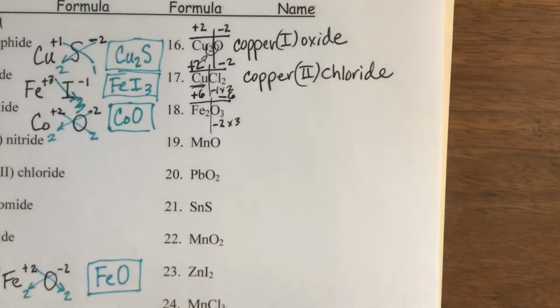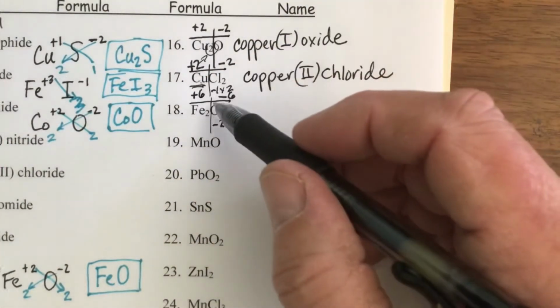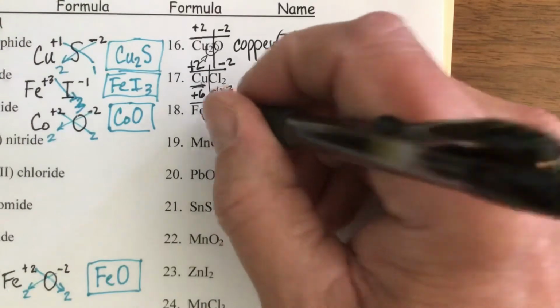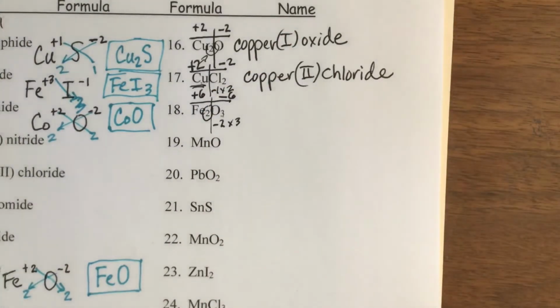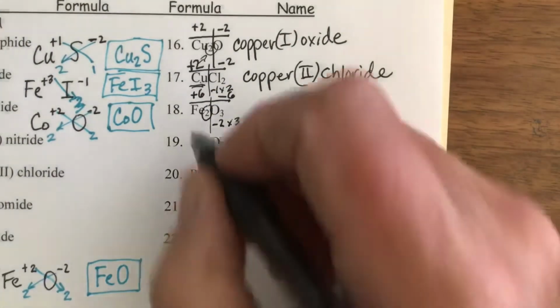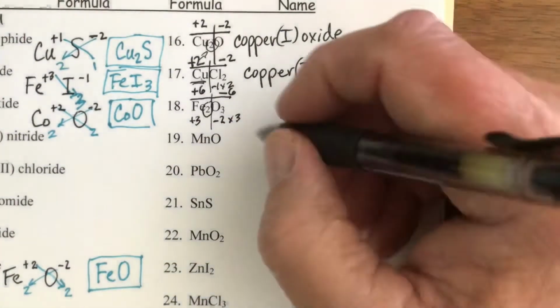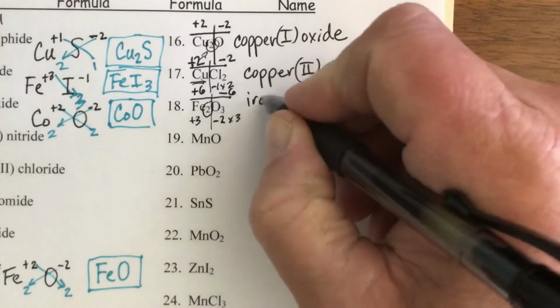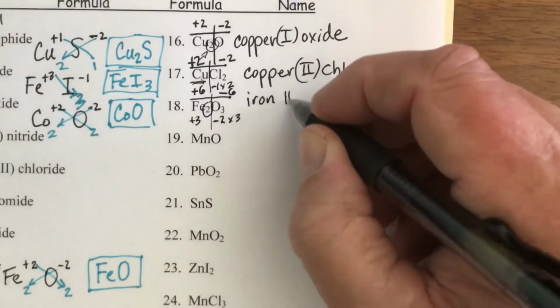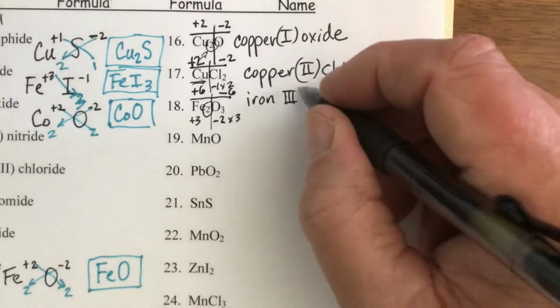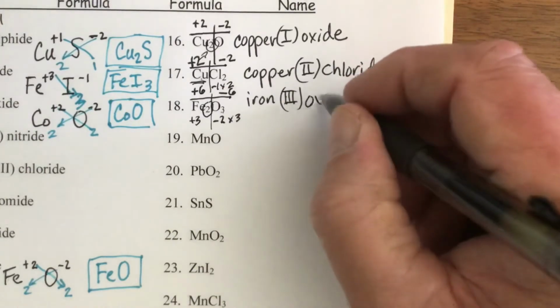All right? But that +6 charge is coming from 2 iron ions. So we divide that by 2, and we get a +3 charge on each ion. So this will be iron 3 oxide.